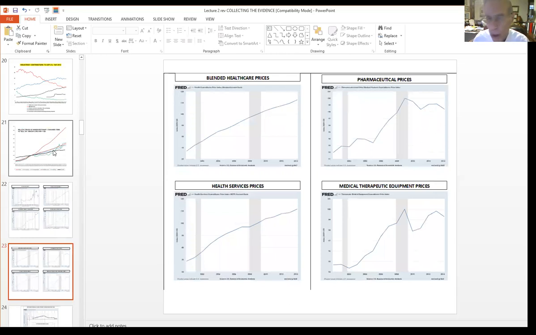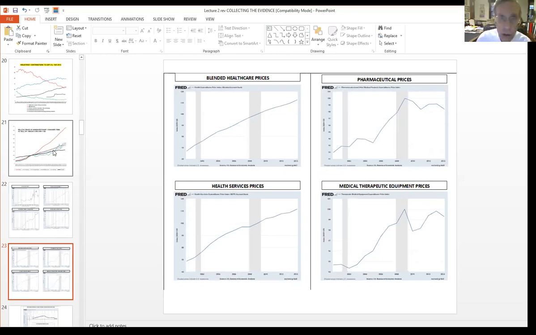Pharmaceutical prices have come down partly because of the greater proportion of generic drugs that are available, partly because of some legislation, partly because of the guidelines from Medicare that say that they won't pay as much for some pharmaceuticals as they have in the past.